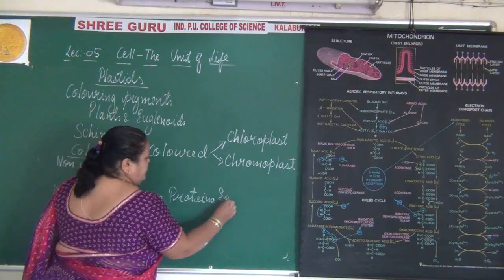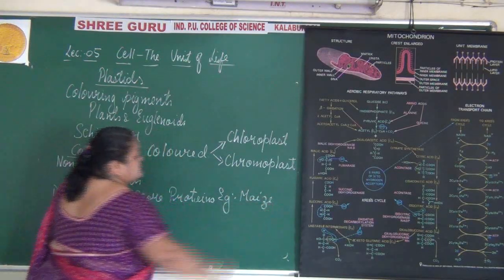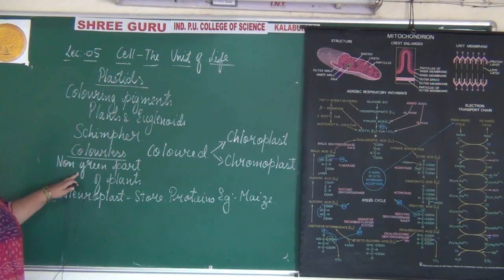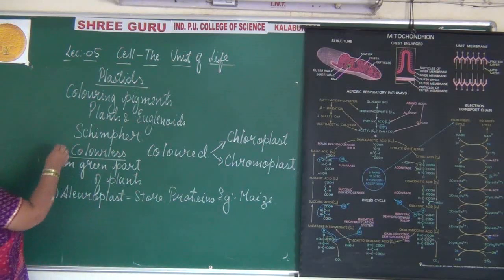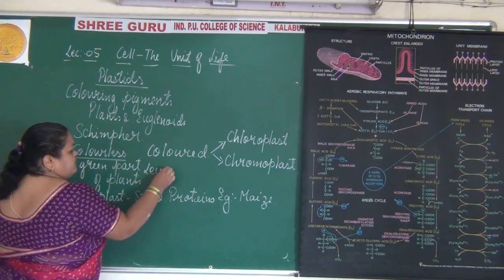For example, maize. Aleuroplasts are the colorless plastids which come under the section called leucoplast.